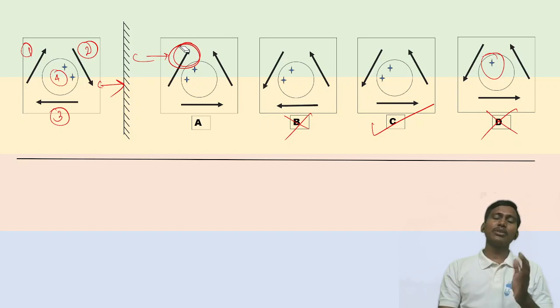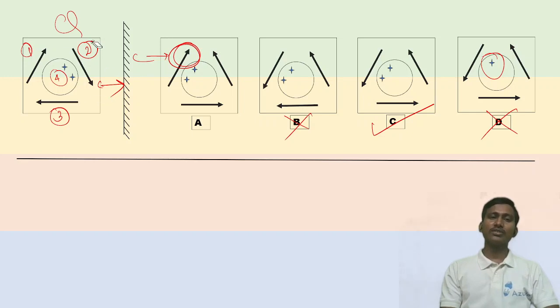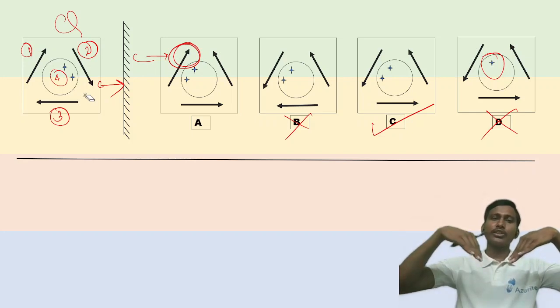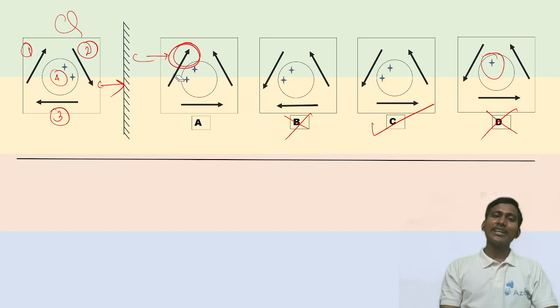Why not A? If you see in the question figure, it is pointing downwards near the mirror. I am talking about this, right? The second arrow is pointing downwards, and in the question figure also it should point downwards. Here in A it is pointing upwards, that is near the mirror. So the nearest to the mirror is this one, the second arrow.